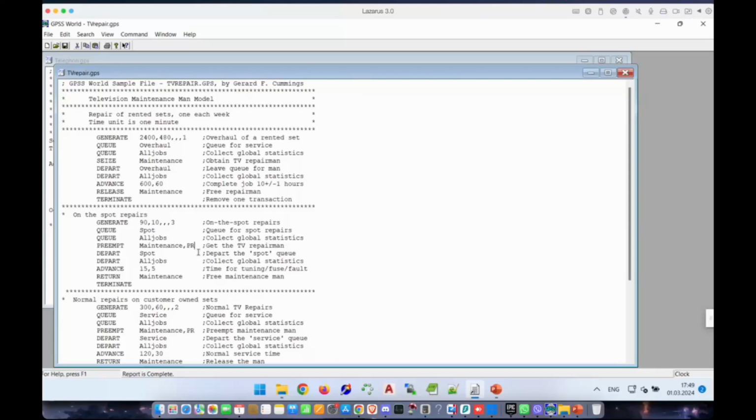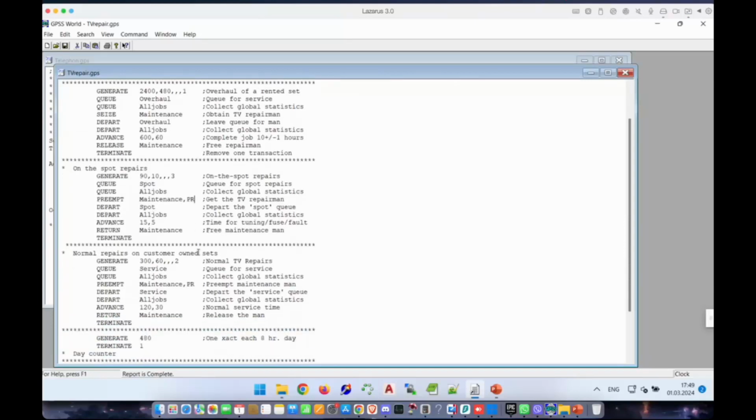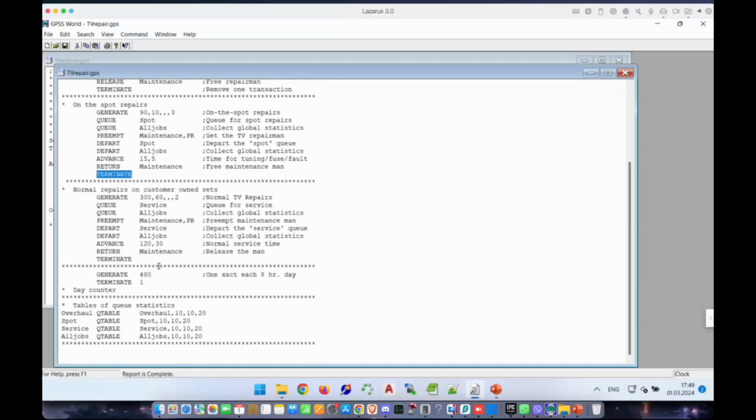That's the idea. And actually, you can see that once the fix is done, those TVs disappear from the system using terminate without a number, because we're not registering that those TVs went out. So what has been really registered is the following. We have the appearance of the transact after 490 time units.